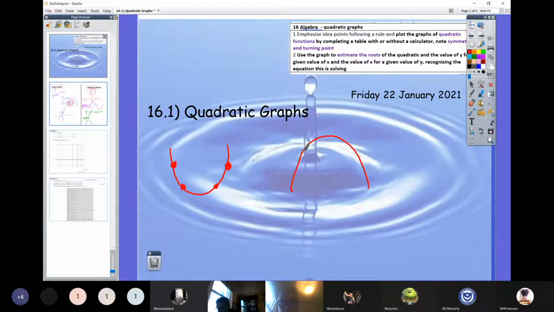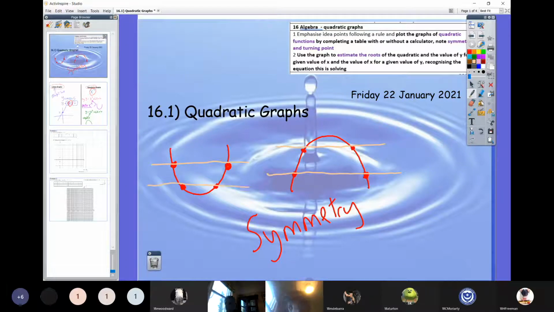So all these values go in pairs. There's a really good cheat when you are trying to plot these points: you're looking out for symmetry in the y coordinates. They've got the same y coordinates, not the x coordinate. So symmetry is the rule of the game.